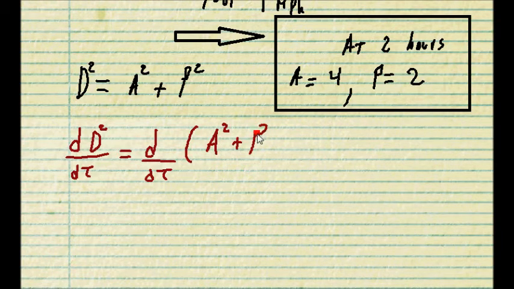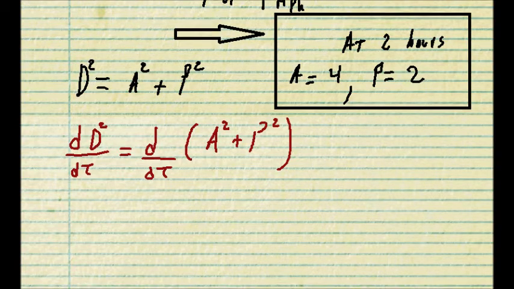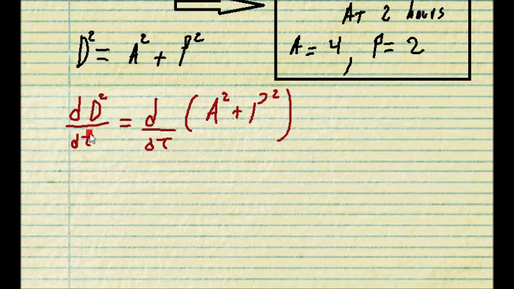The derivative of D squared, D being a function of t, with respect to time, is 2D dD/dt. This is equal to the derivative of A squared with respect to time plus the derivative of P squared with respect to time. This is because differentiation is a linear operator, so it respects addition.